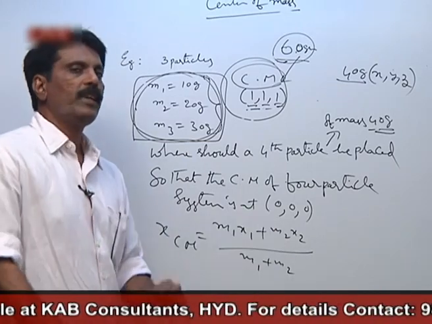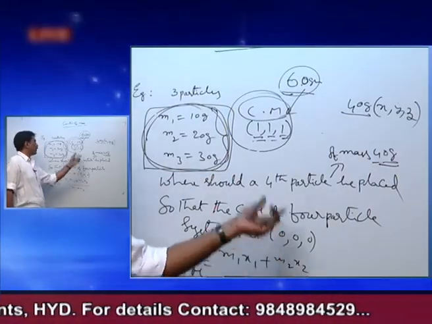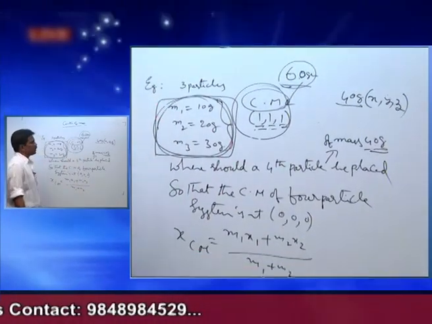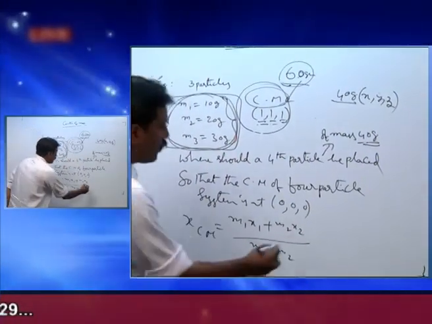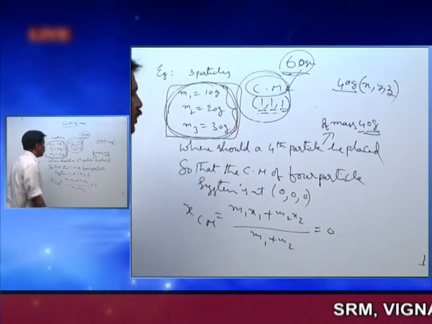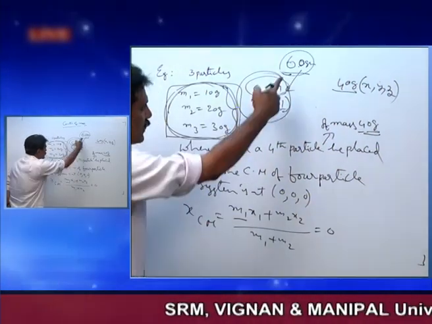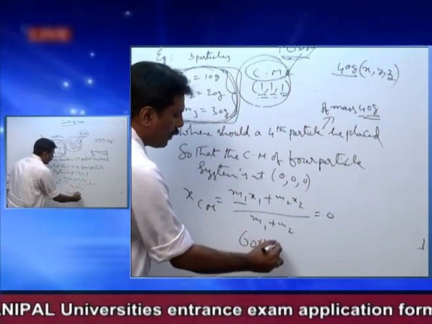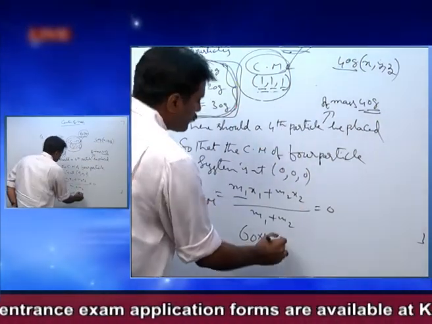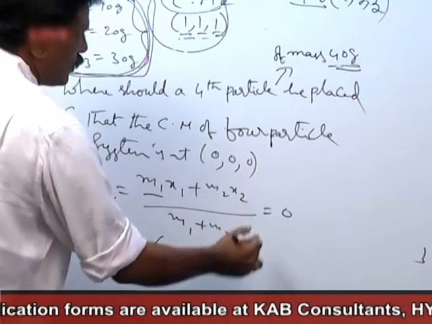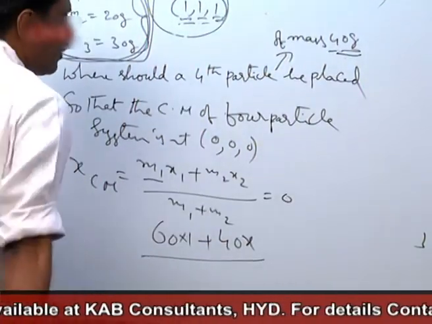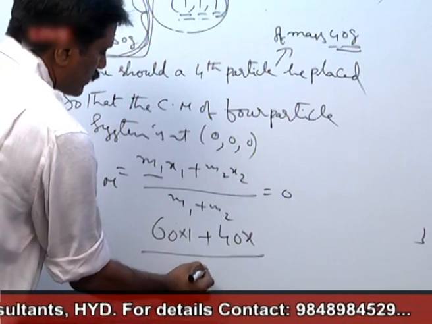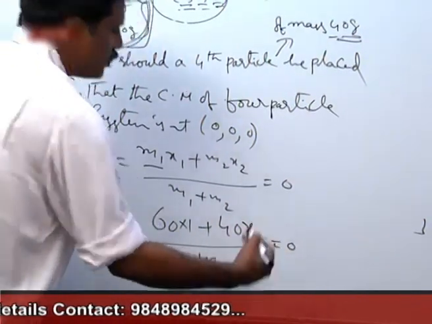X_CM will be 0 because we are given that the resultant coordinate of these two should be 0. So, (60 into 1 plus 40 into x) by 100 is equal to 0.